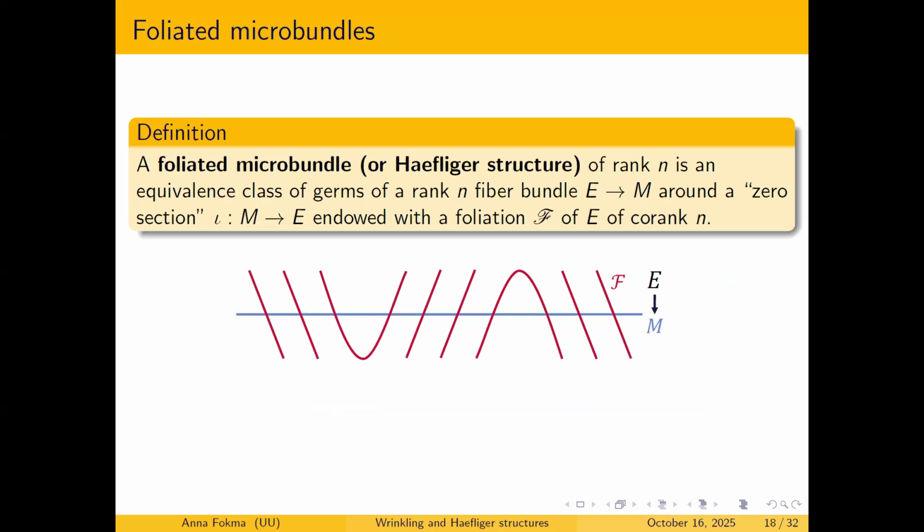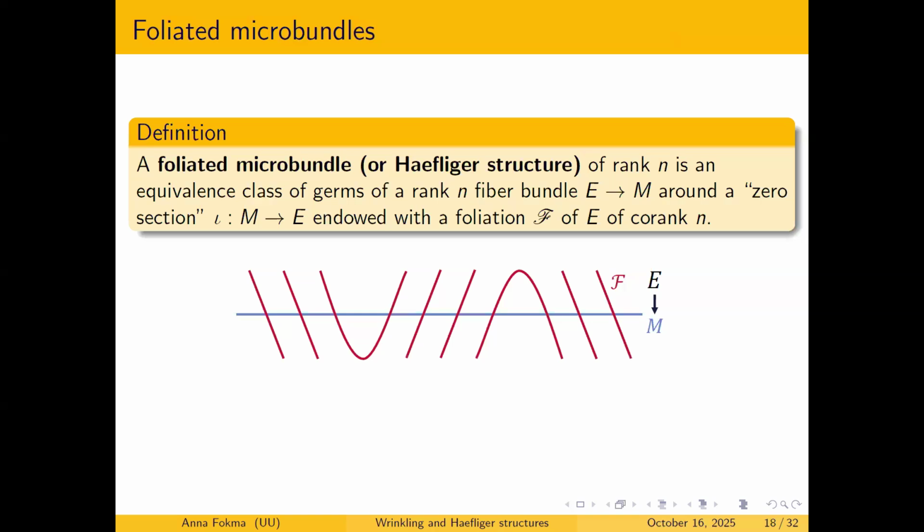So for that, we need some geometry. And it's maybe good to say that a Haefliger structure in the literature is used for a lot of things, which then in the end turn out to be equivalent. For now, I'll just say that a Haefliger structure is a foliated microbundle, but it will turn out to be equivalent to other definitions.